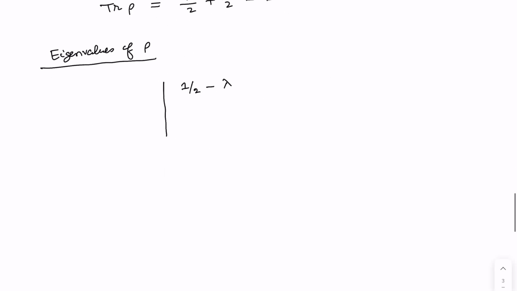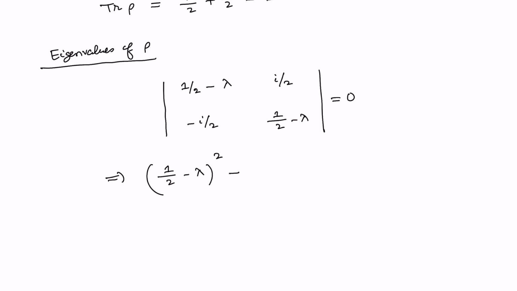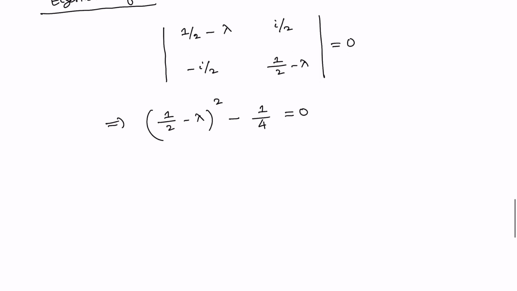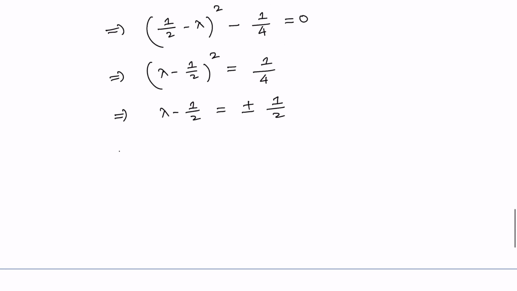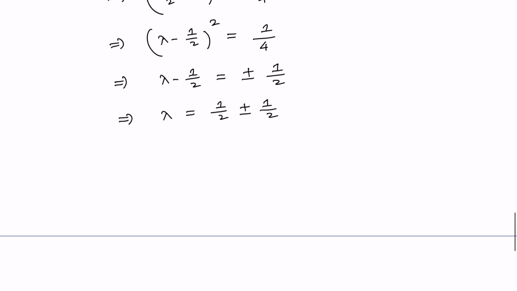So this is what you have, and if I open it up, I have this minus 1/4 equal to 0, or I can write it as (lambda minus 1/2) whole squared equals 1/4. Taking the square root, lambda minus 1/2 is equal to plus or minus 1/2, and then lambda is equal to 1/2 plus or minus 1/2, and this gives me two eigenvalues.